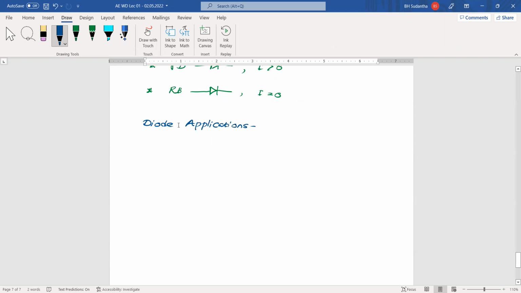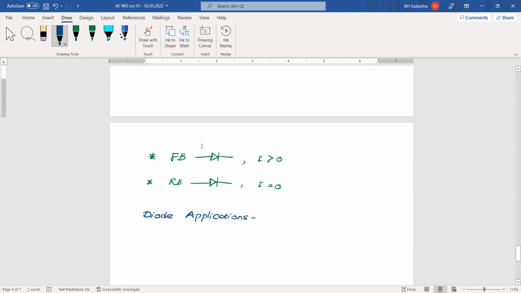Actually, what we have observed is that when you forward bias a diode, after a certain voltage, we can see there is a current. And when you increase this current to a certain amount, the current will rapidly increase. When the reverse bias voltage is applied to the diode, we can't see any current in the external path.